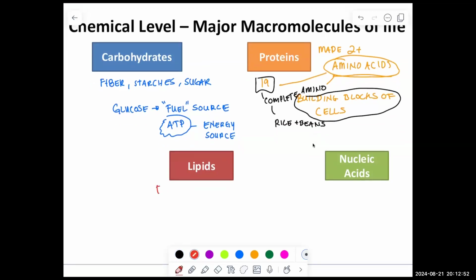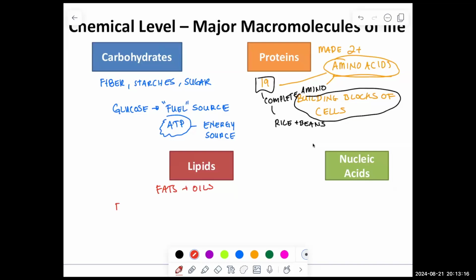Lipids, these are the fats and oils we get from our foods. Oils come from plants, nuts. We cook with a lot of oils. Fats are the solid stuff, like when a steak is marbled, or shortening that we get from vegetables. Lipids are important.